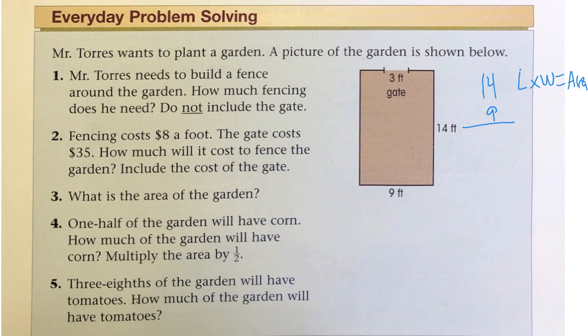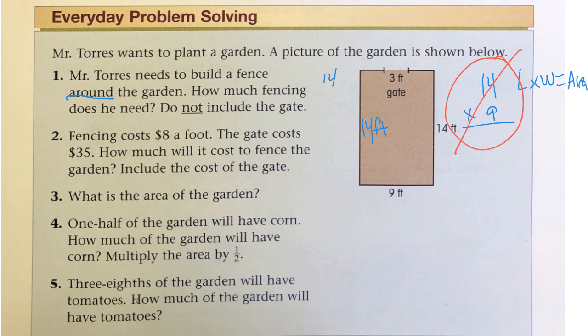But that's not the question. We needed to know how much goes around the garden. So we have to add all of the sides together. So we are not finding the area, we're finding the perimeter.